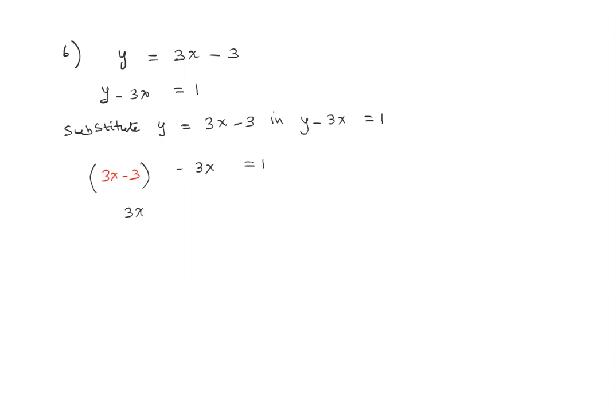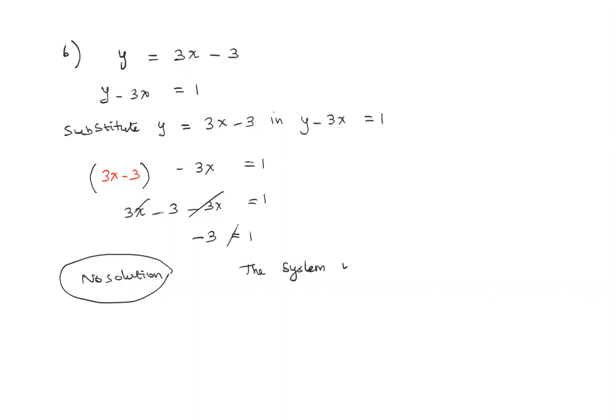So 3x minus 3 minus 3x equal to 1. So I'm getting negative 3 equal to 1, which is not true. So this one doesn't have any solution. And since there's no solution, the system is inconsistent. And the equations are independent.